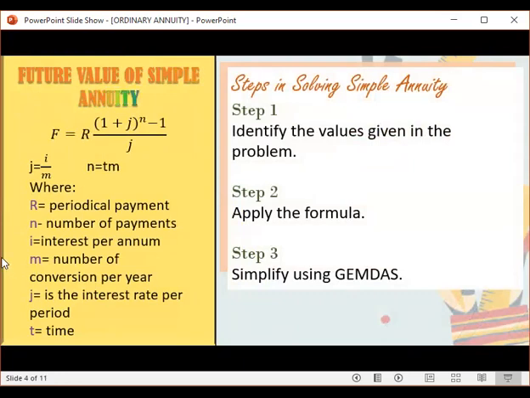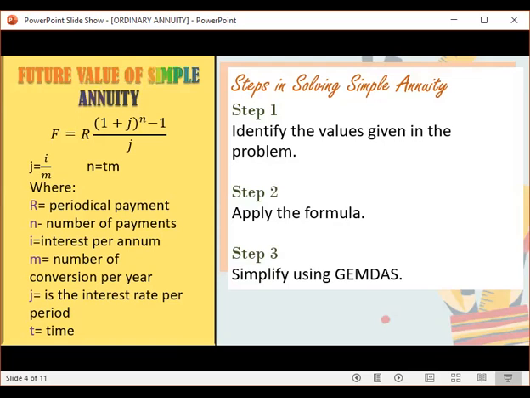So future value is equal to the R times 1 plus J raised to N minus 1 over J, where in order for you to get the J, you must divide the interest over M.